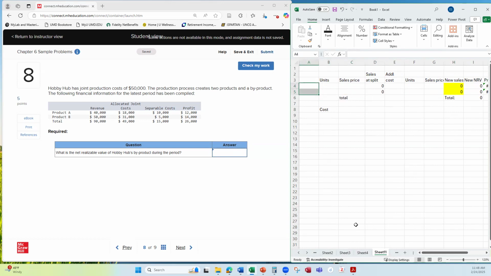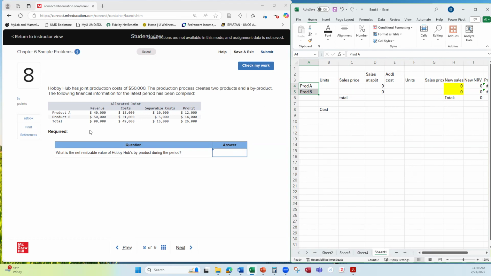Okay, so we have two products, product A and product B, and we are going to be creating a product and a byproduct. And this is the financial information. They want us to calculate the net realizable value here.